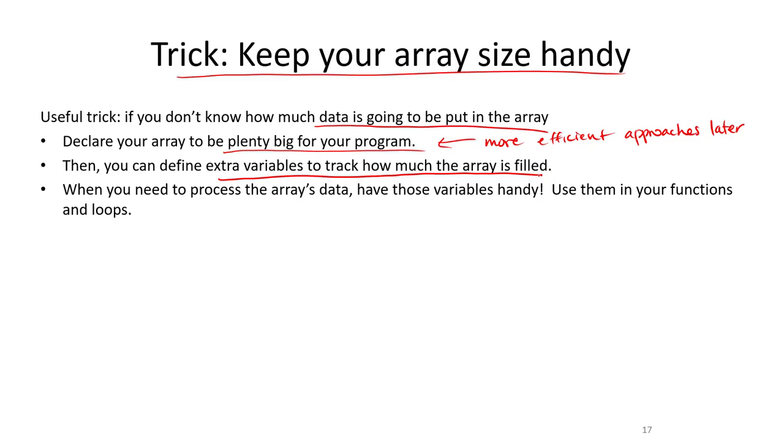That way, when you're processing an array and maybe it's only partway full, you can keep track of how much that array is filled, and you can use those variables in your functions and loops. And this is a common situation I give in some of our assignments where if we don't know how much our array will be filled, it's very useful to have another variable that keeps track of how much stuff we actually put inside our array.